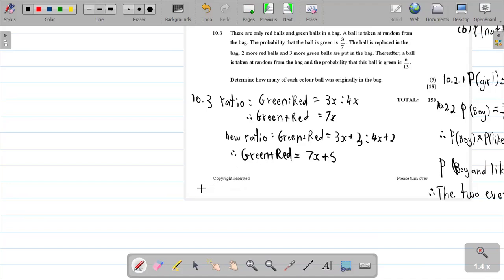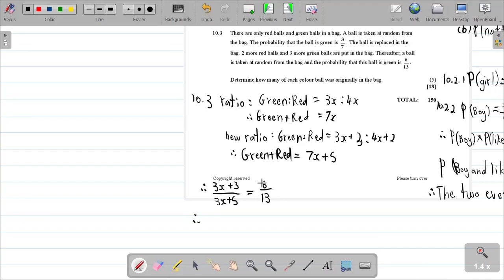So therefore, 3x plus 3 divided by 7x plus 5 equals 6 over 13. The fraction is given here. So now we must solve for x.